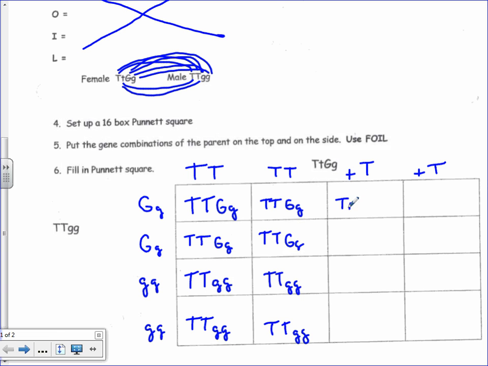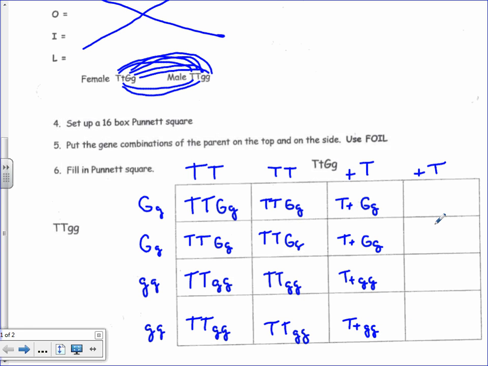So here we have heterozygous for height and heterozygous for color. Again, heterozygous for height, heterozygous for color, heterozygous for height, homozygous recessive for color, heterozygous for height, and homozygous recessive for color again.